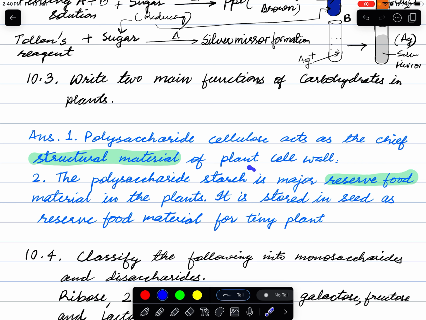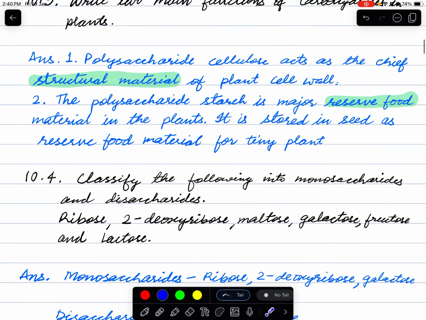In the form of starch, which is a reserve food material for the tiny plant in the form of seed. So this reserve food is basically stored in seed. So these are two main functions of carbohydrates in plants. That is, first to act as a structural material, and second as a food storage.